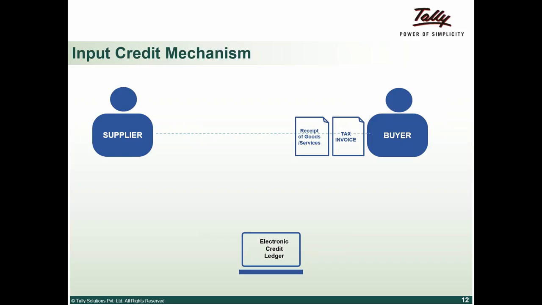The second aspect of it, the provisional ITC and the actual ITC, is basically like your TDS deduction, right? The AS 26. Right, where basically if you see a person who has deducted TDS, now if that person has not remitted the TDS, he will have the consequences of non-compliance.